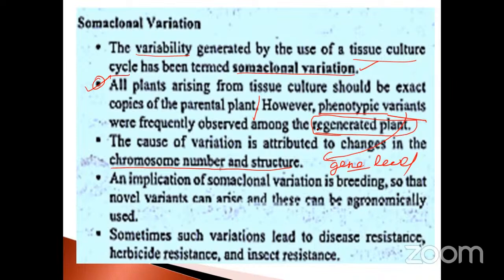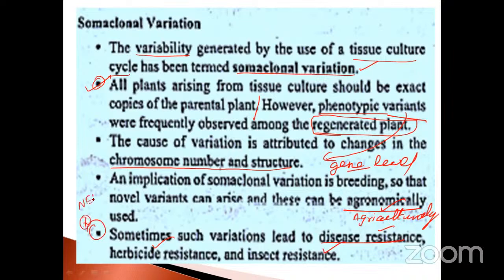So this variation is also used agronomically. Agronomically means agriculturally. Sometimes such variation leads to disease resistance, herbicide resistance and also insect resistance. This is important.